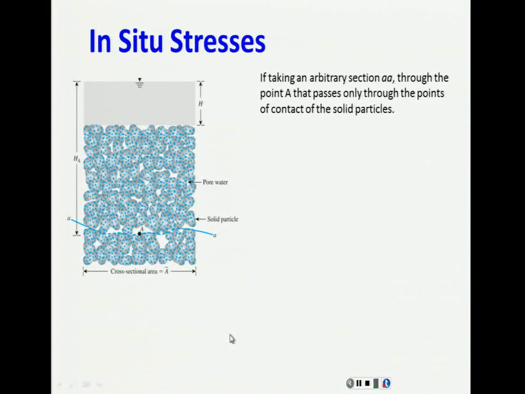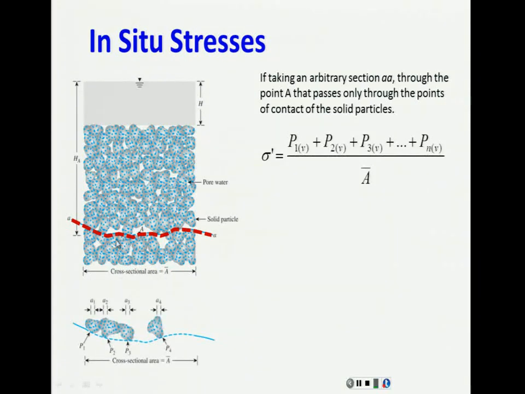In other words, let's say that we want to calculate the stress, and for that we're going to take an arbitrary section like we are showing there, AA. The first part, which is only the stress that comes from the grains in contact. Remember, we discussed that in class before.